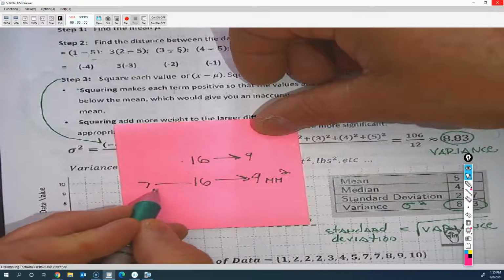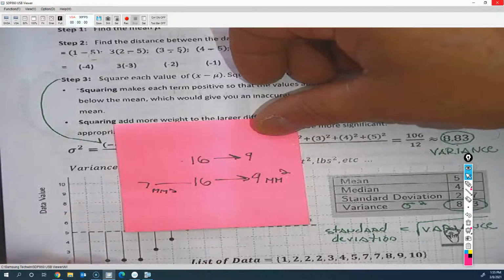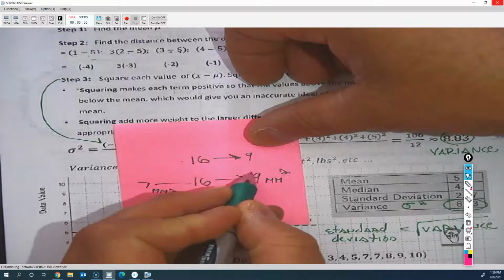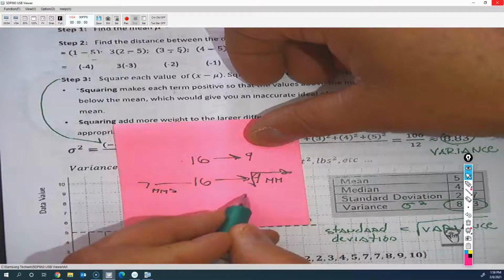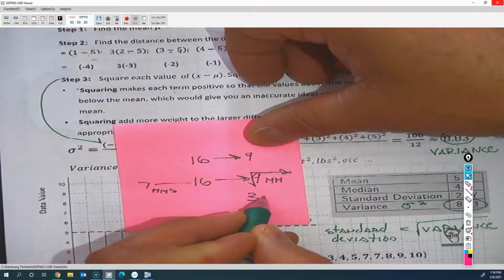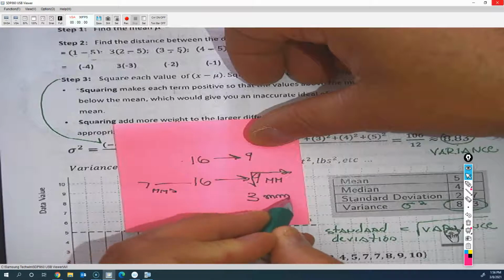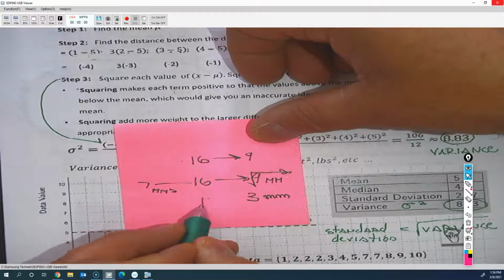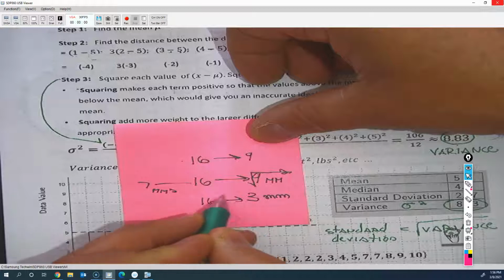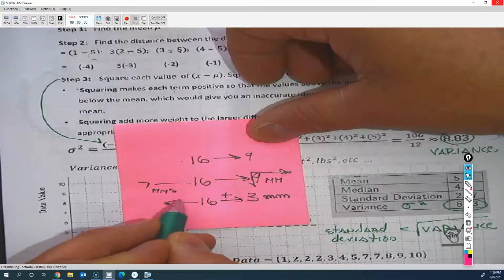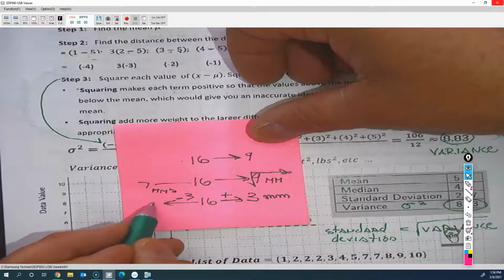What do you mean squared M&M? It's an M&M or it's not an M&M. So when you take the square root of this, it becomes 3 M&Ms. Now that makes sense. I'm going to either add 3 M&Ms or I'm going to subtract 3 M&Ms.